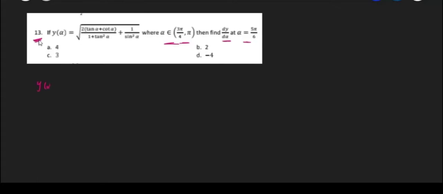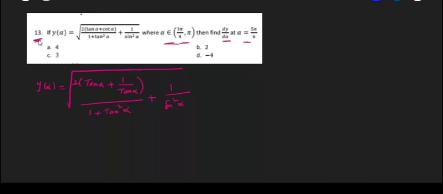So y of alpha is root over 2 times tan alpha plus cot alpha, which we can write as 1 by tan alpha, whole by 1 plus tan square alpha, and in addition we have another value 1 plus 1 by sin square alpha under the same root.